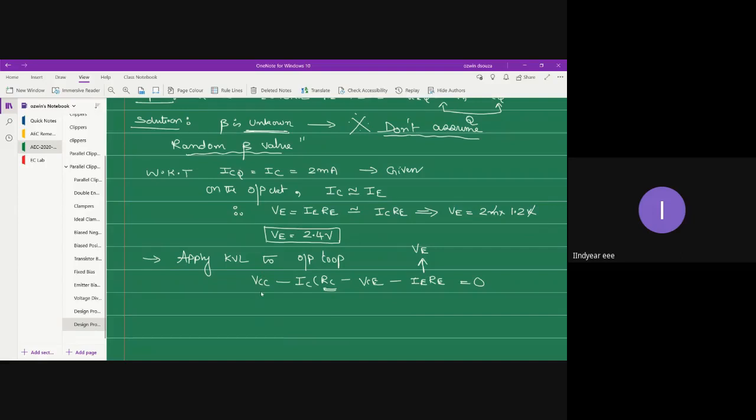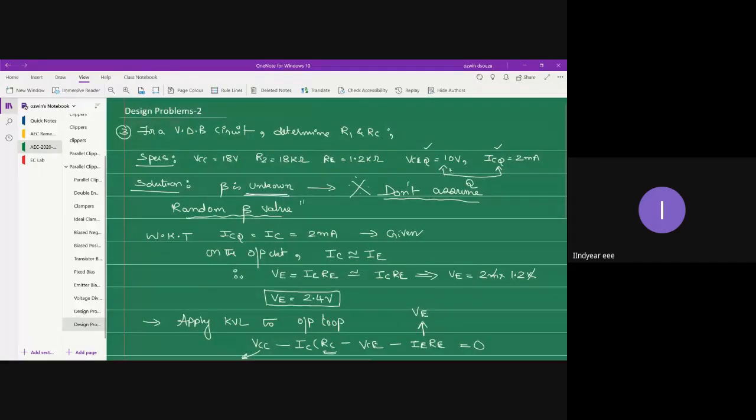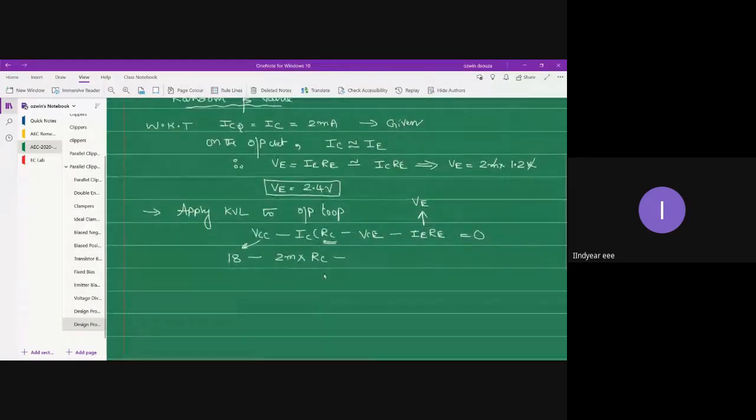You see, VCC is given as 18. Let's substitute. So VCC is 18 minus IC, 2 milli, into RC, which is unknown, minus VCE. VCE is given as 10 volts in the problem specification, minus IE into RE, which we have taken as 2.4 volts using the above formula, is equal to 0.